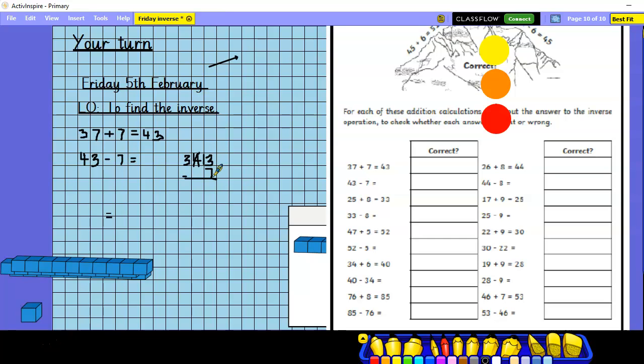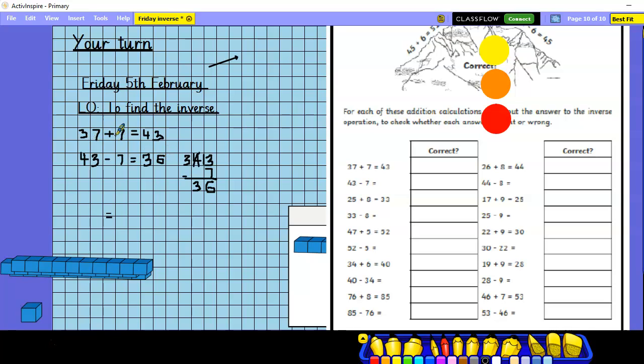I'm going to put my fingers down when I say the name. 13, 12, 11, 10, 9, 8, 7, 6. Ooh, I don't think that's going to be correct, you know. 6, and then 3 take away nothing is 3. So the answer is 36.